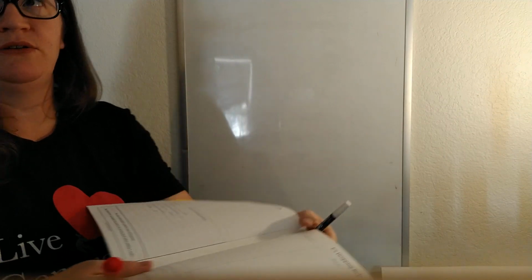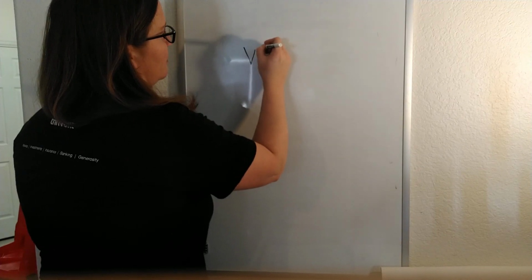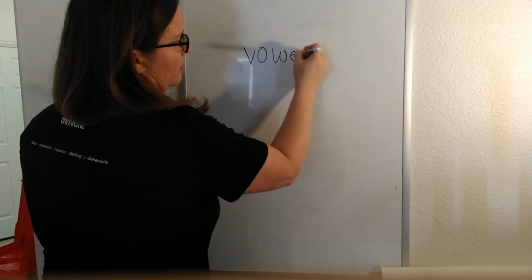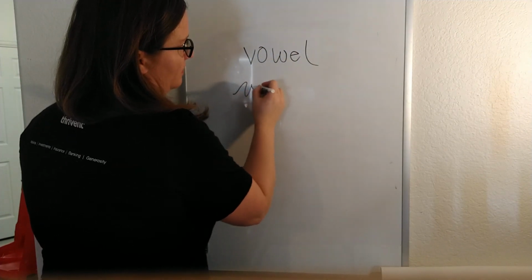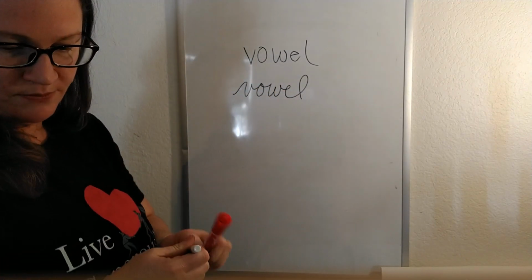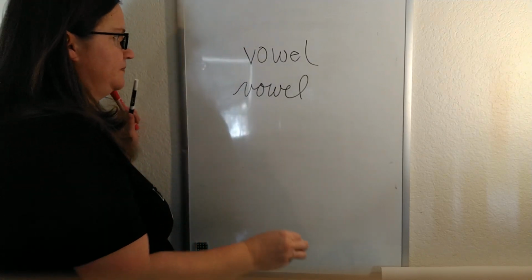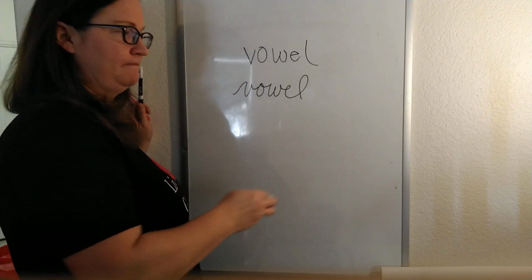What is it changing the sound of? The vowel. So the word you're going to write in there is vowel. Because the vowel sound changes because of the E. Got that? All right.